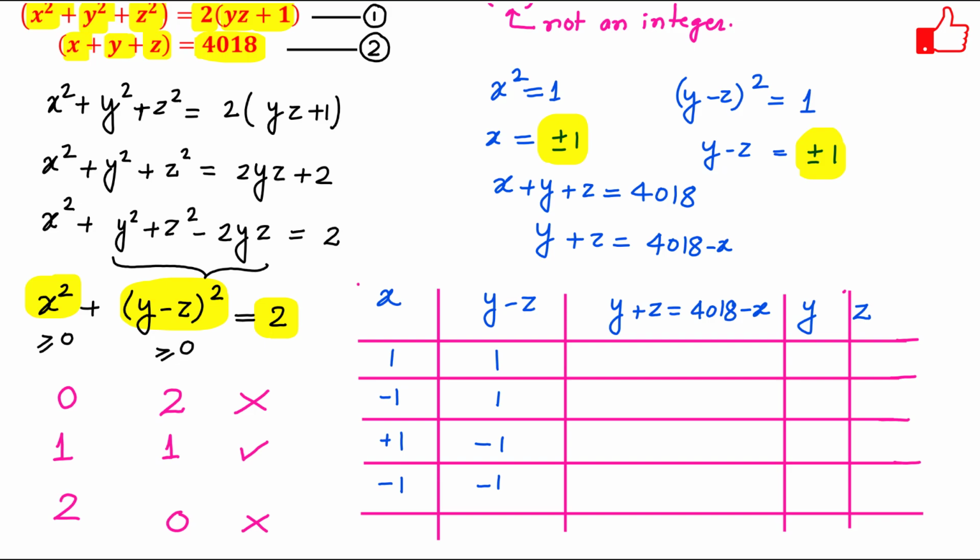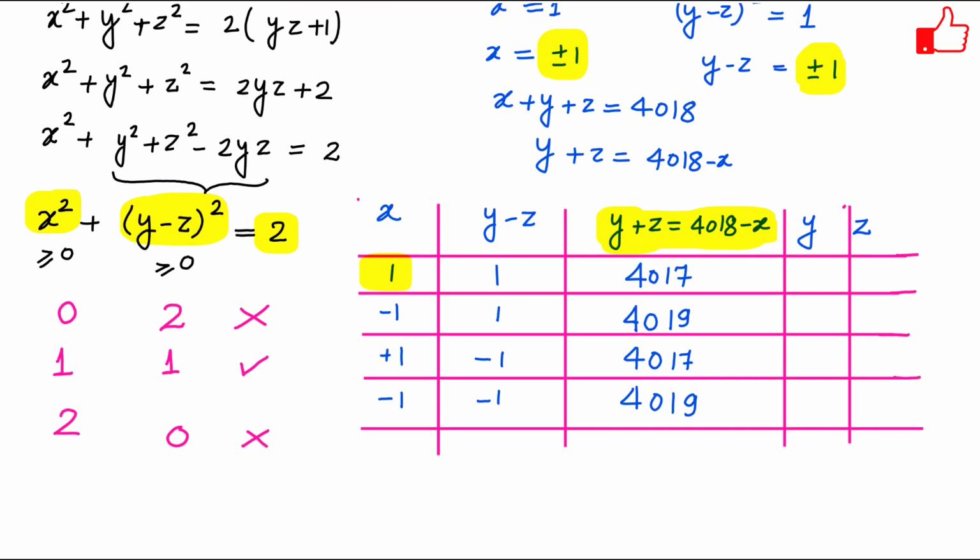For each combination we can calculate y + z, which is 4018 − x. So when x is 1 this is 4017, and similarly this will be 4019, this is 4017, and this will be 4019.